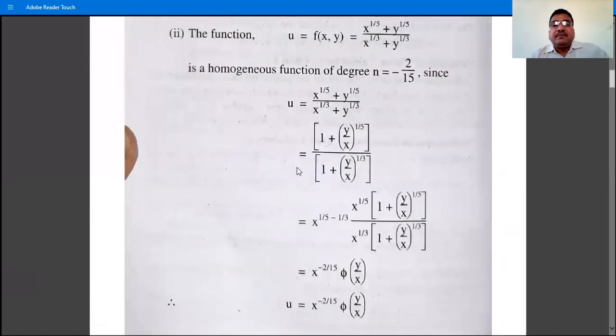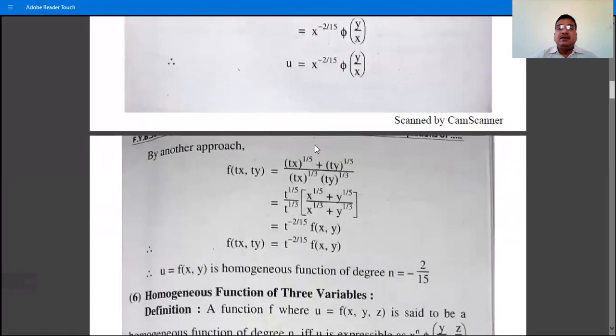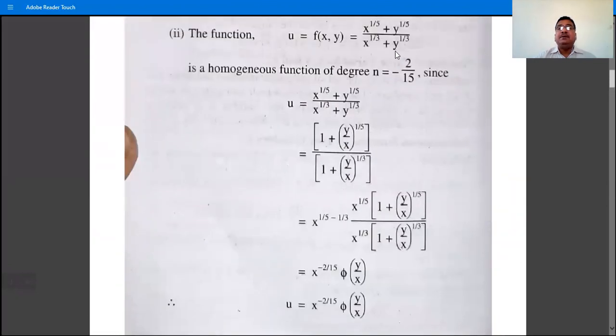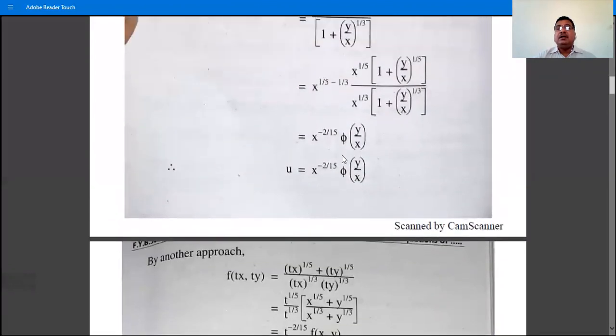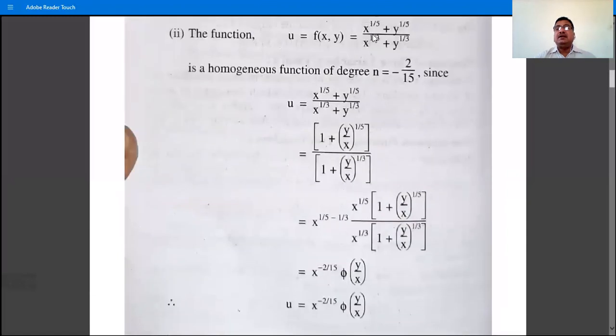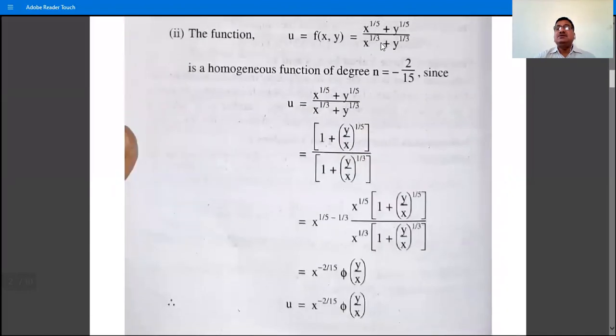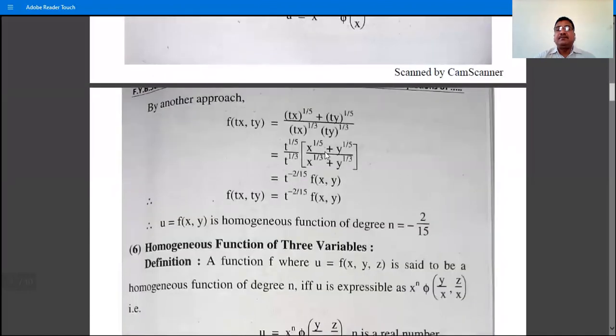And we can check this function as a homogeneous function by the next approach. So find the value of f of tx, ty. Replace x by tx and y by ty. So we have tx raised to 1 by 5 plus ty raised to 1 by 5, divided by tx raised to 1 by 3 plus ty raised to 1 by 3. Then take t raised to 1 by 5 common.